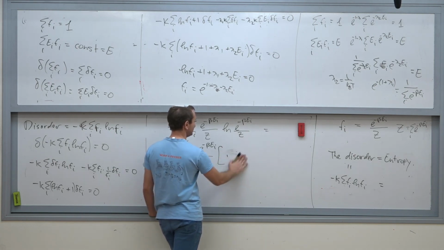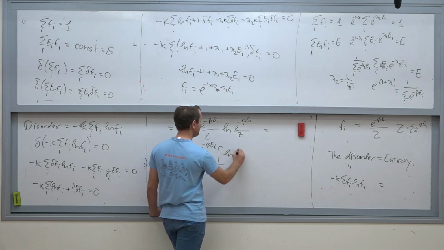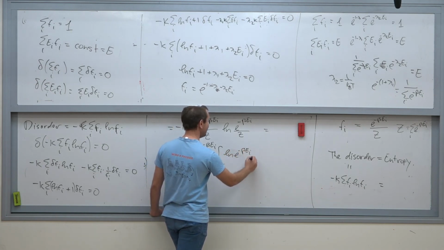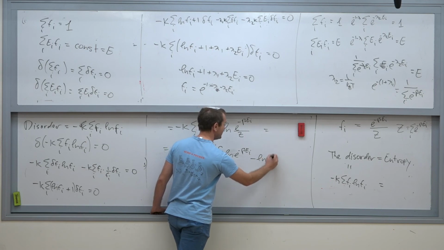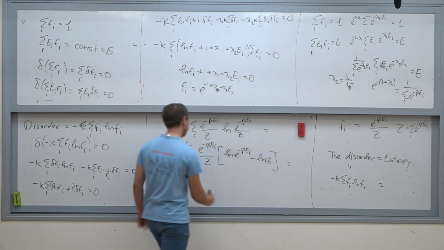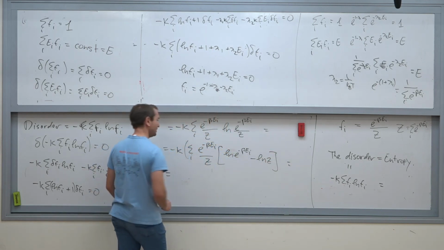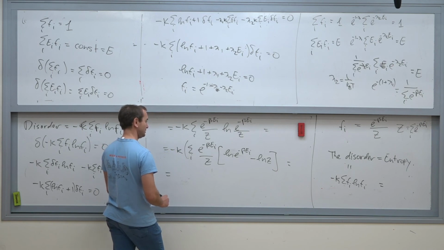So let's do it stepwise. It's log of e to the minus beta Ei minus log of Z, right?